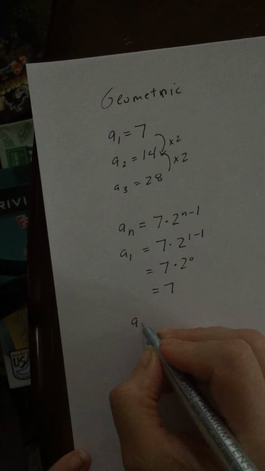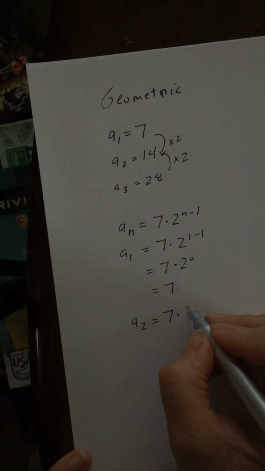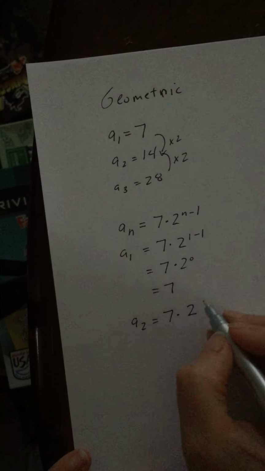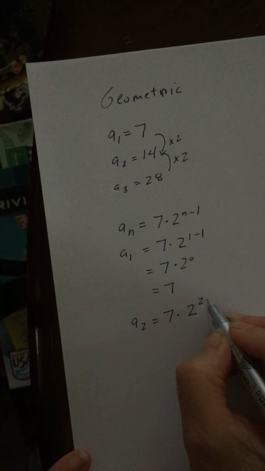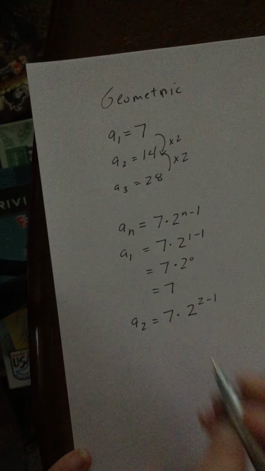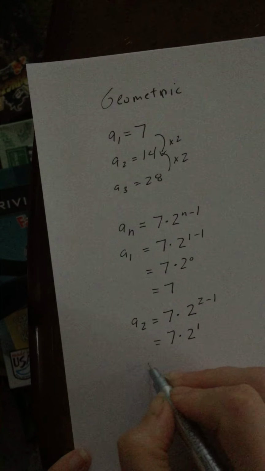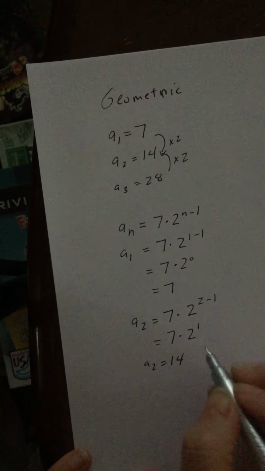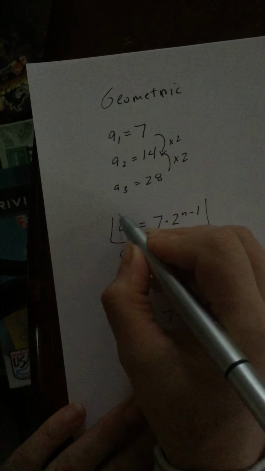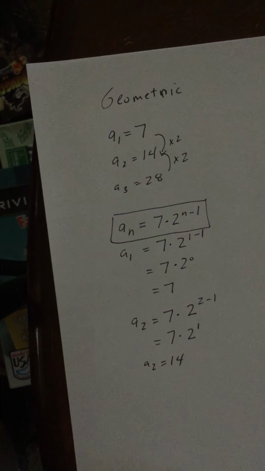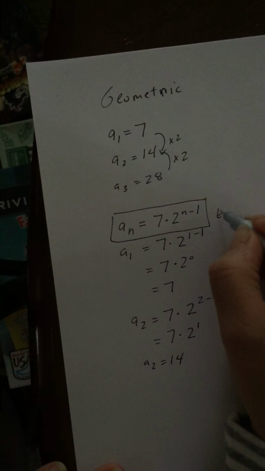Okay, and if I'm finding A2, it's going to be 7 times 2, and in this case I'm going to plug in n minus 1, so it's like 2 minus 1. So that's going to be 7 times 2 to the 1, so my A2 is 14. You can kind of see how that's working, that this definition gets me to what I need. So that would be an explicit definition for this sequence.